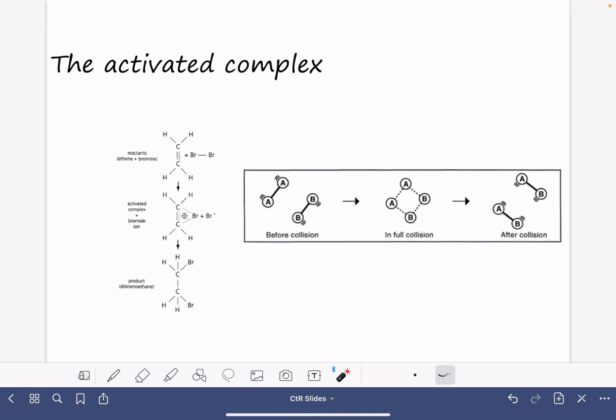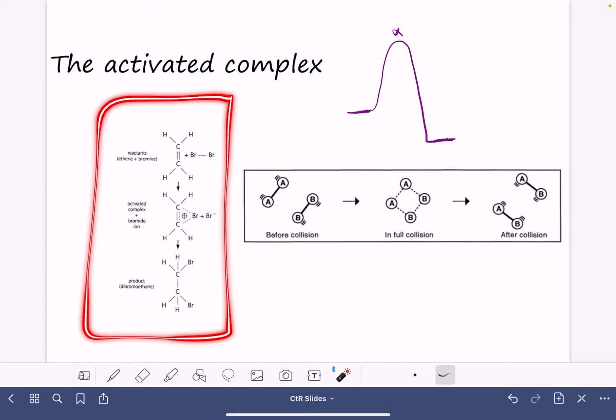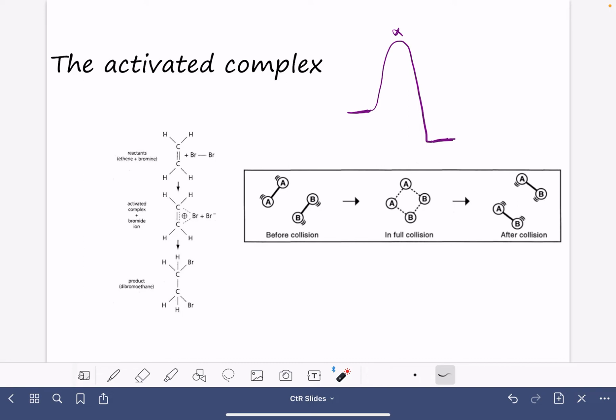The activated complex is a concept that helps us to understand what is happening at the point between the reactants and the products, okay? So at some point between the reactants and the product, we are changing from one molecule to another molecule. And right up here, the maximum energy point, we've got this activated complex, okay? And what we're seeing here, if we just look at this for a wee second. So here's a similar example to what we saw before. The bromine molecule is approaching the ethene.